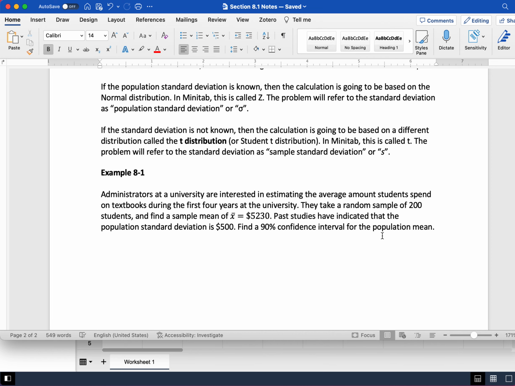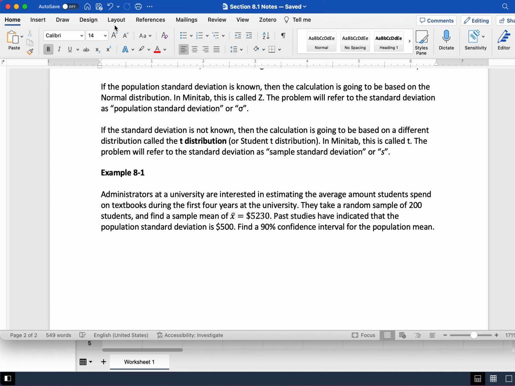In this first one, we have administrators at a university who are interested in estimating the average amount students spend on textbooks. They take a random sample of 200 students and find their sample mean of $5,230. Past studies have indicated that the population standard deviation is $500. Find a 90% confidence interval for the population mean.